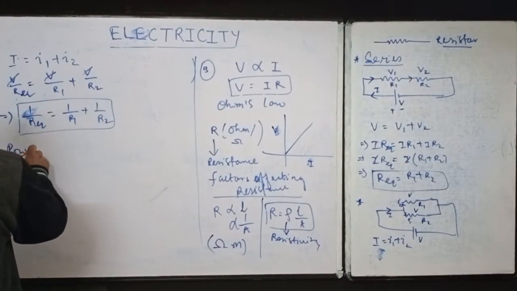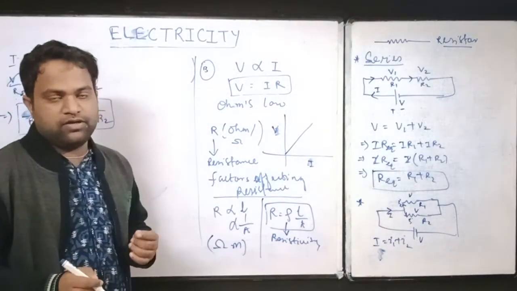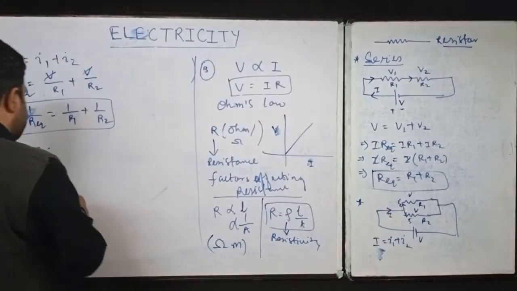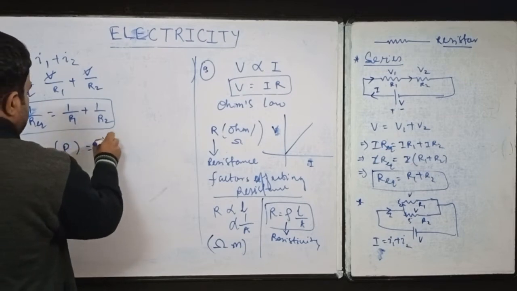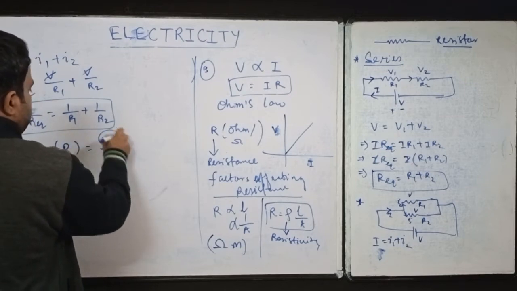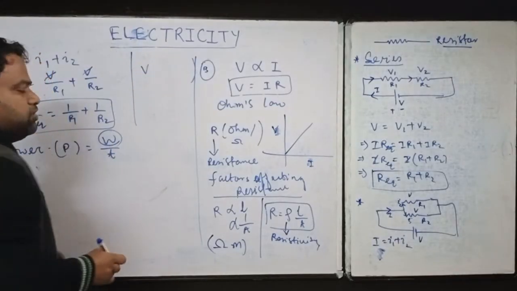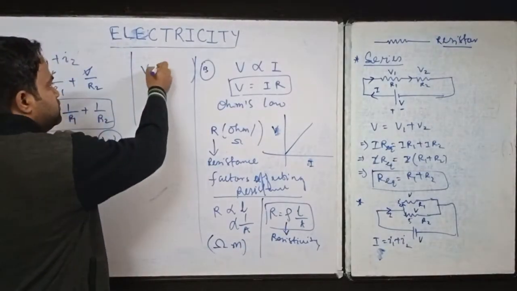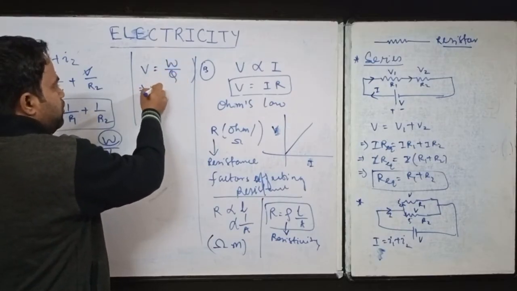So what is power? We know that power is the rate of doing work, right? Power is W by T, so we can write P equals W by T, and W we know from the potential difference concept in this chapter. V, potential difference, equals W by Q, or W equals VQ.